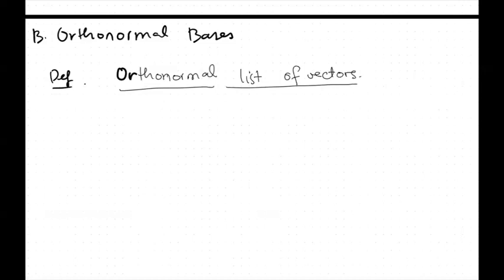We call a list of vectors orthonormal if, let's name this S, okay, let me rephrase the statement.